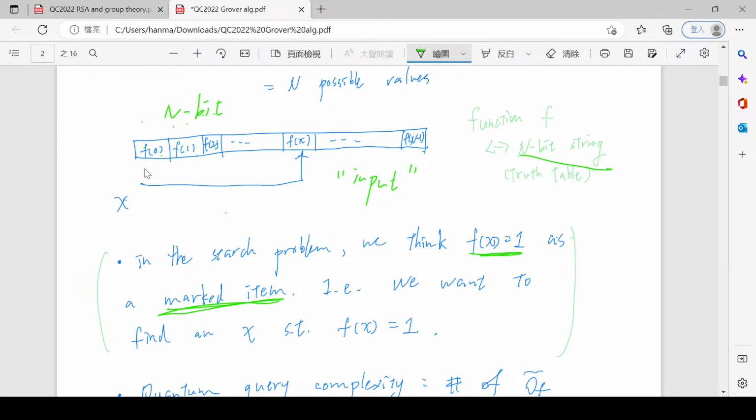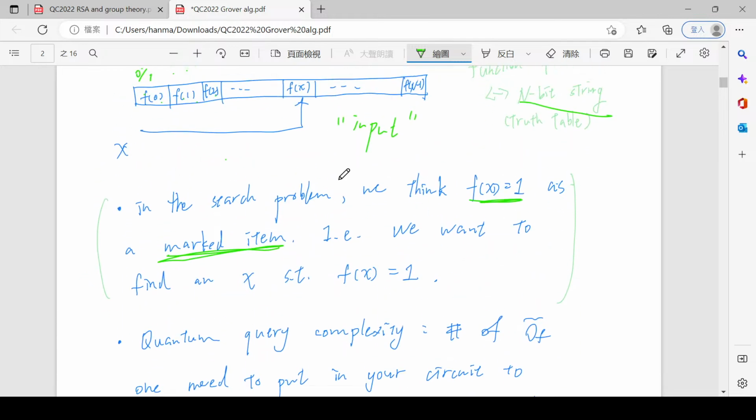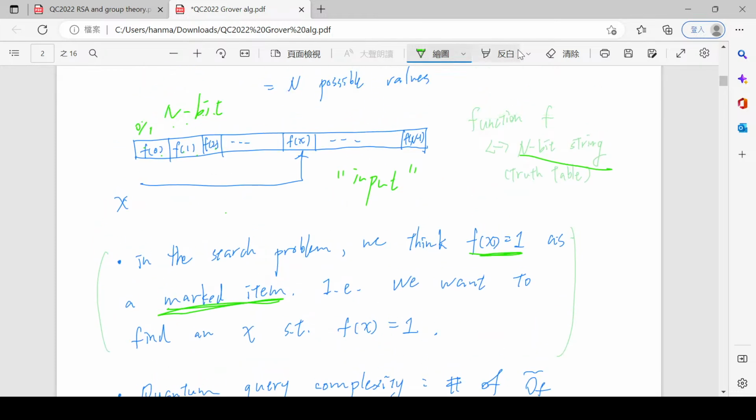And obviously the other way around, f of x equal to 0 means we didn't hit it. So it's 0 and 1 in all the blocks. And in our search problem, we want to find x, or one of those blocks, or some location, such that f of x equals 1. This is an abstraction over all kinds of search problems.